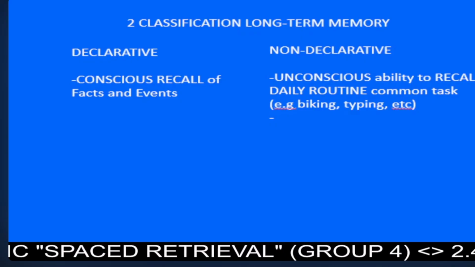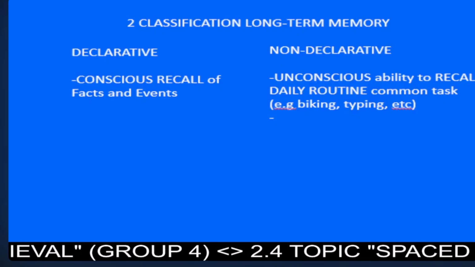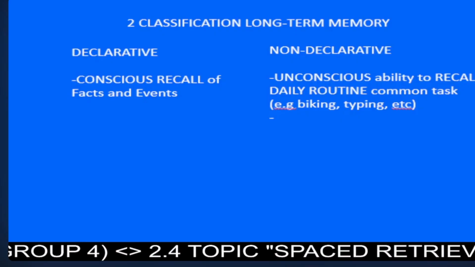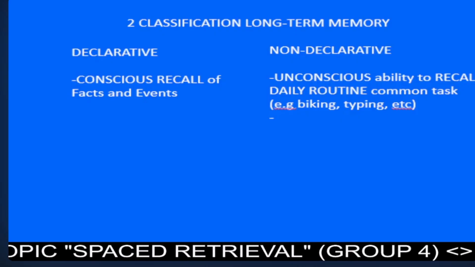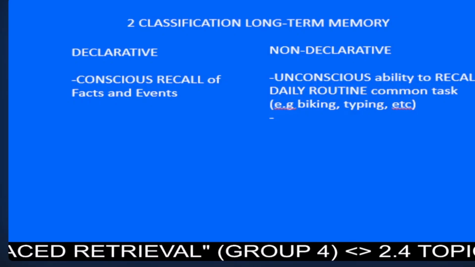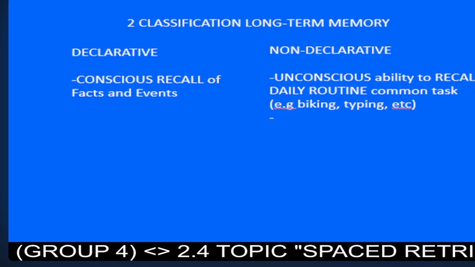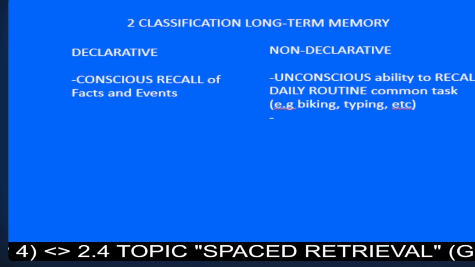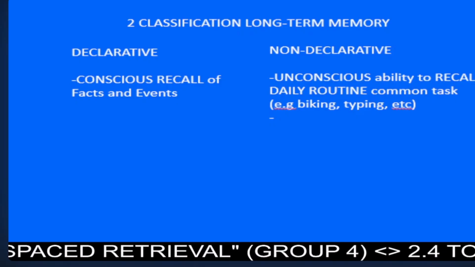The non-declarative memory is the unconscious ability to recall daily routines and common tasks such as biking, typing, etc. Declarative memory, on the other hand, is the conscious recall of facts and events such as weddings, anniversary events, and more.